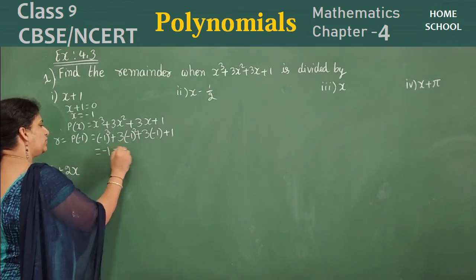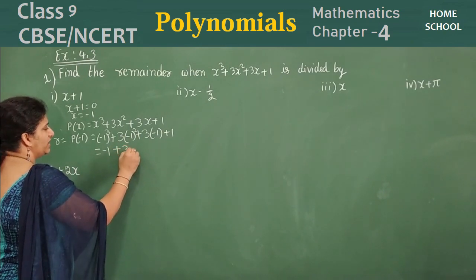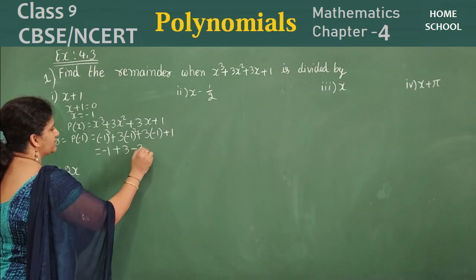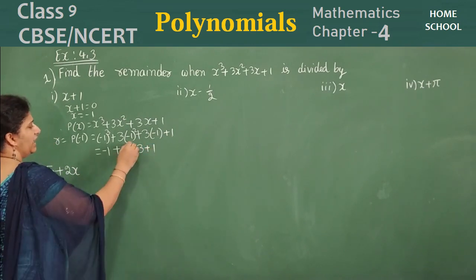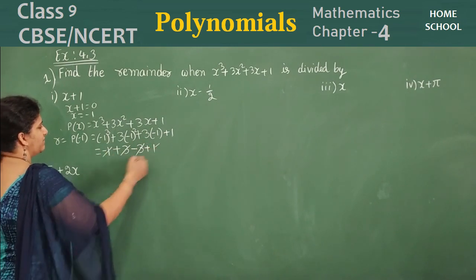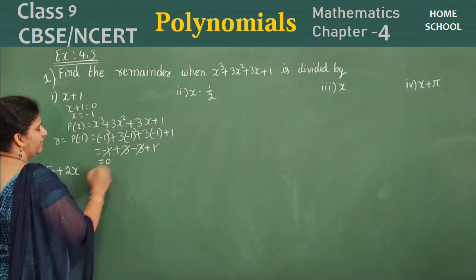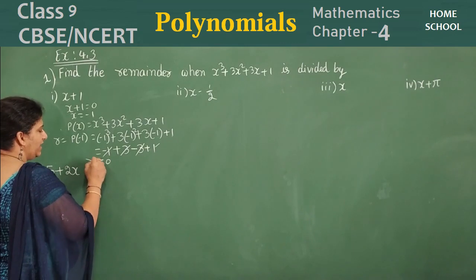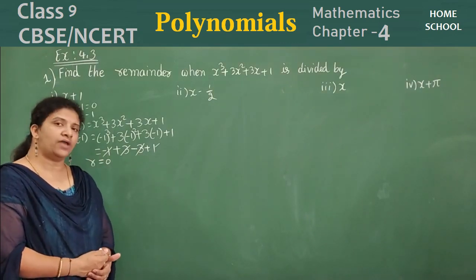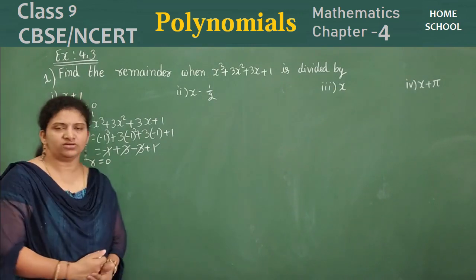Minus 1 multiplied 2 times is 1, and 3 into 1 will be 3. 3 into minus 1 will be minus 3, plus 1. Now, plus 3 and minus 3 cancel, and minus 1 plus 1 cancel. You are left with 0. That means the remainder is 0, r or P of minus 1 equal to 0.